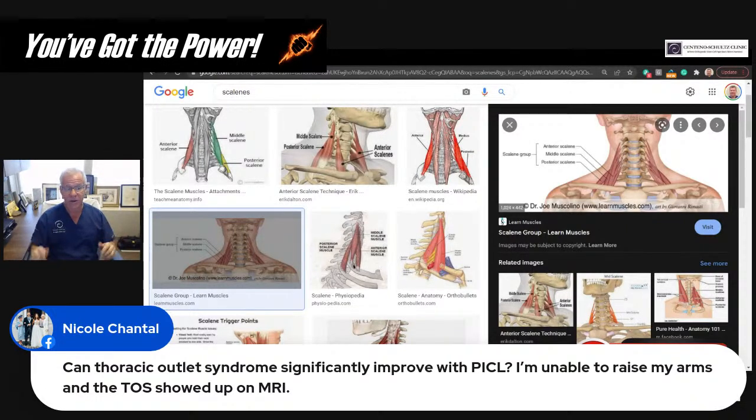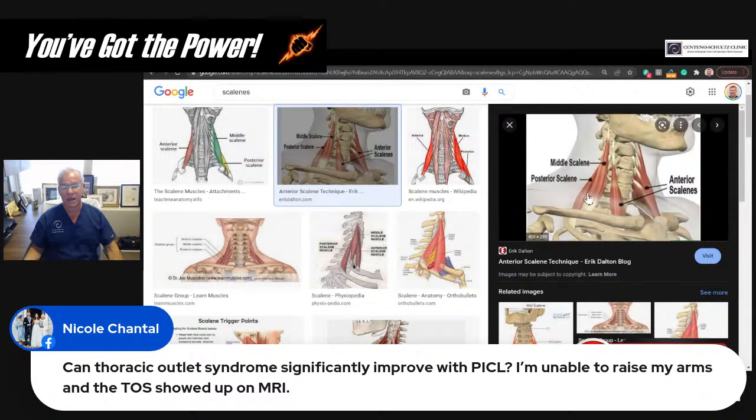Now, the scalenes are also the walls, if you will, of the thoracic outlet. So if we go to this picture, we can see here that we've got the posterior scalenes and the anterior scalenes, and right between that is the thoracic outlet.